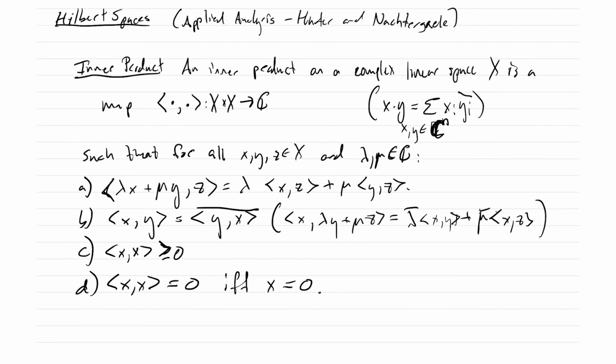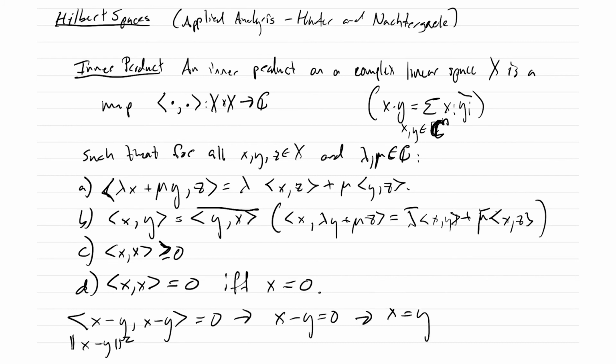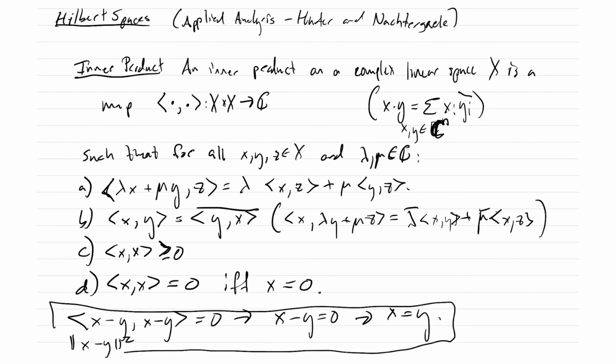So basically what you can do is you can say, well, if x minus y with x minus y is equal to 0, which by the way would be the norm of x minus y squared in Hilbert space context. We haven't gotten that far, but just to let you know. This implies that x minus y must be equal to 0, which implies that x must be equal to y, right? And so this is really essential for Hilbert spaces.